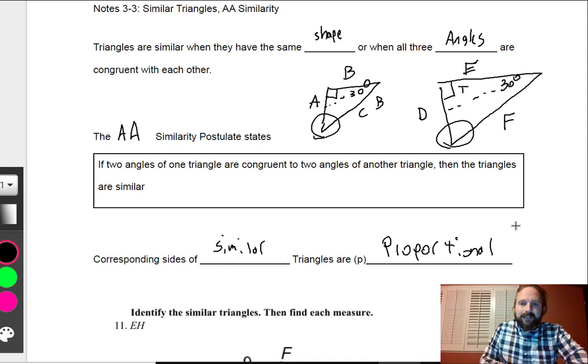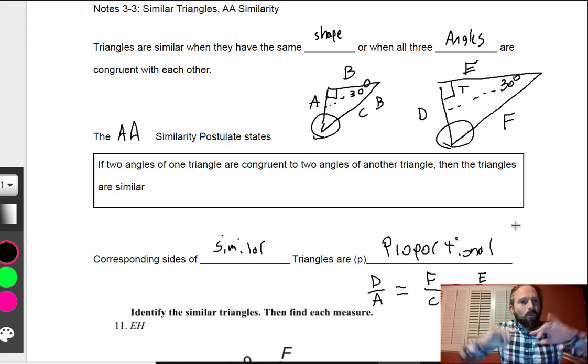We understand that DA will be congruent to, across from the 90, F, C, which would be congruent to this guy's on top, so let's go across from the 60, E, B.